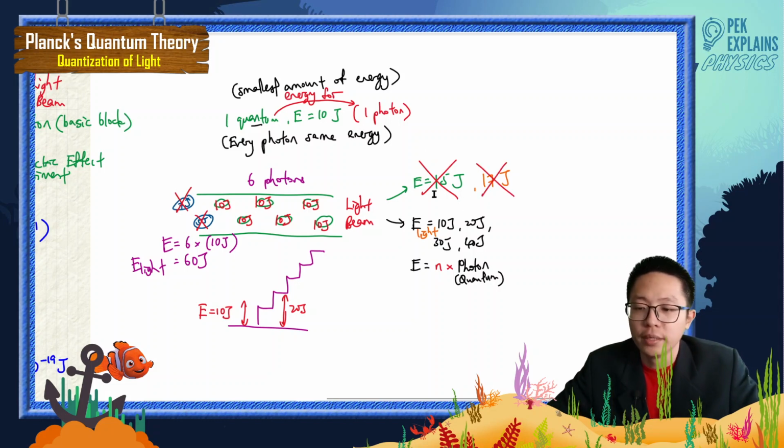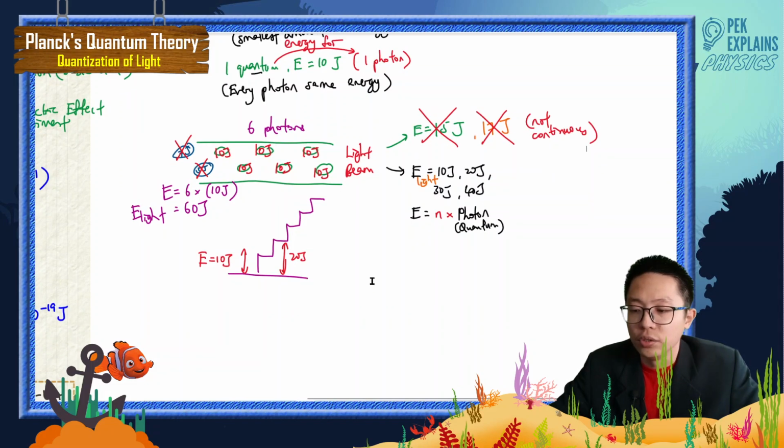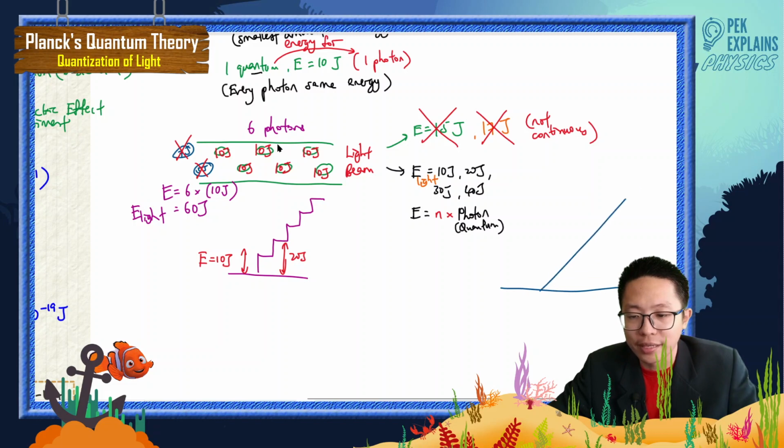Energy is not continuous. The value is discrete, like a step. Discrete is not like a slide. The energy of light does not exist in a continuous form.